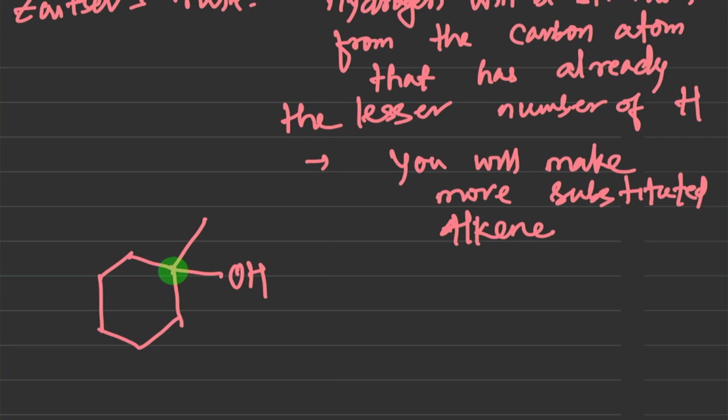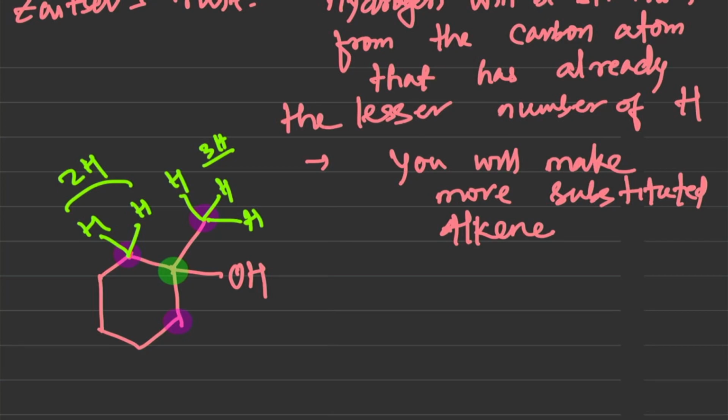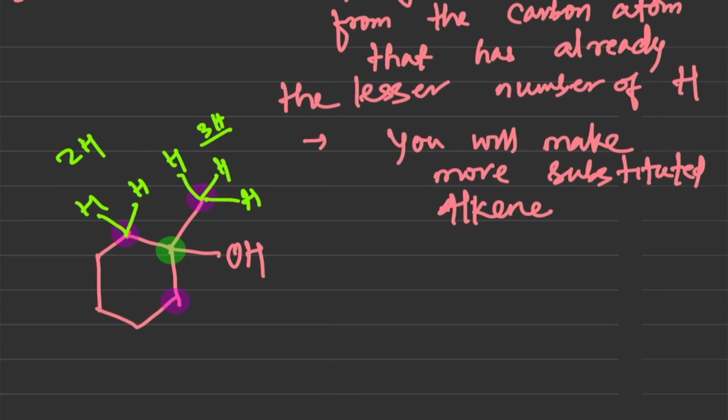It has three neighbors, so let's number them and look at how many hydrogens each one of them has. This one has three hydrogens. This one has two hydrogens.